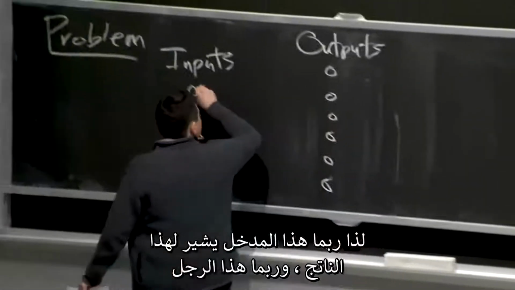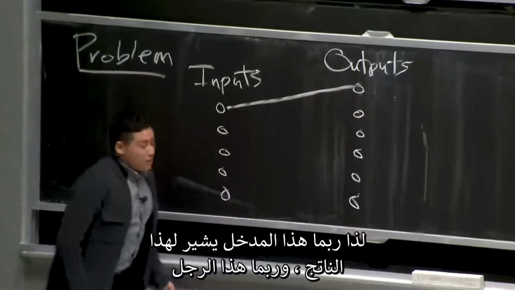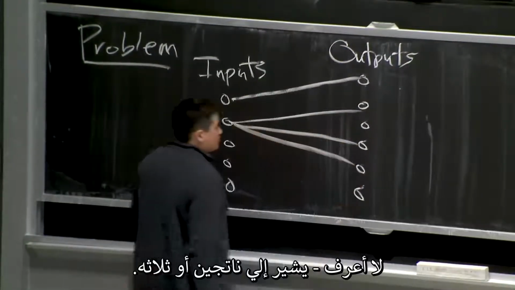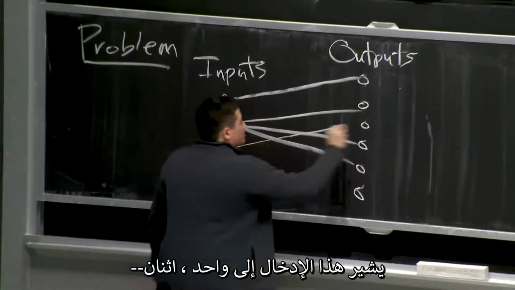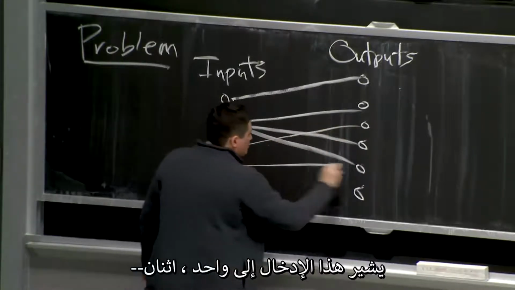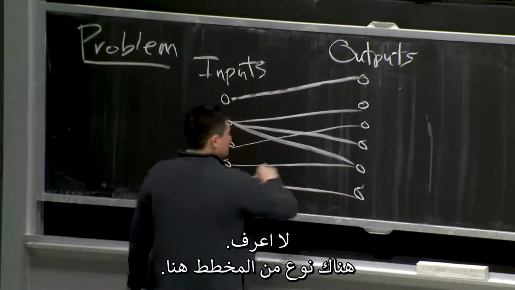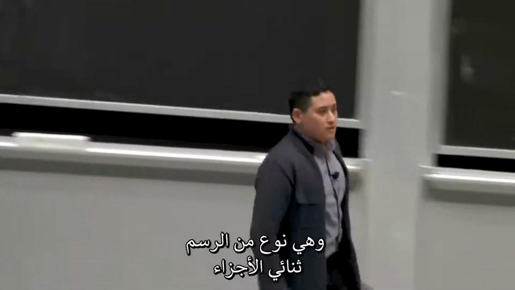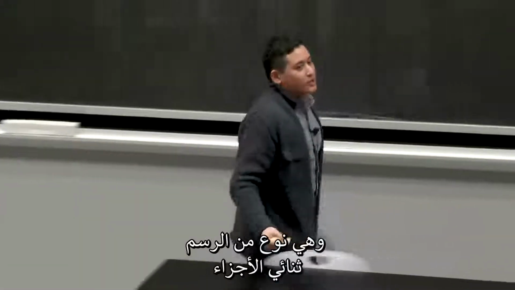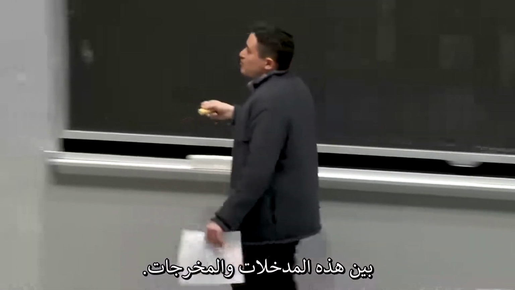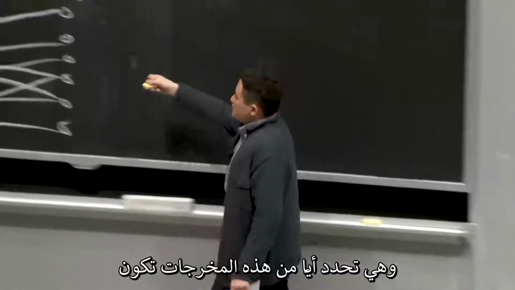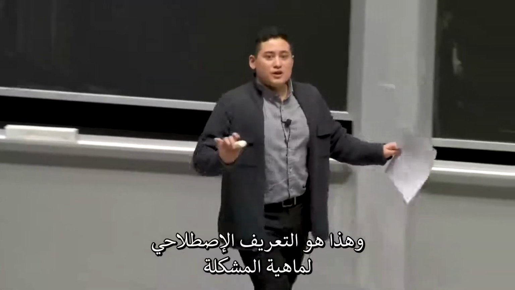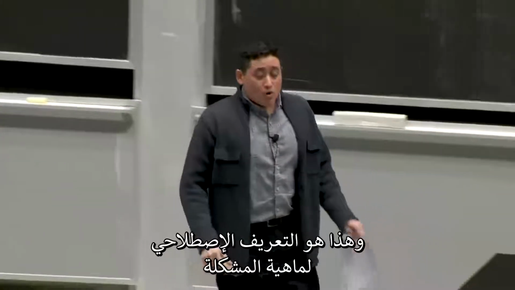So maybe this guy maps to that output, and maybe this guy maps to, I don't know, 2 or 3 outputs, right? This input goes to 1, 2, I don't know. There's some kind of mapping here. These edges represent a binary relation. It's kind of a graph, a bipartite graph between these inputs and outputs. And these are specifying which of these outputs are correct for these inputs. All right? That's really the formal definition of what a problem is.